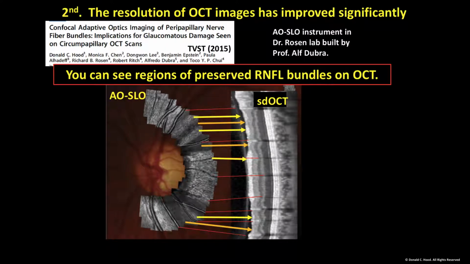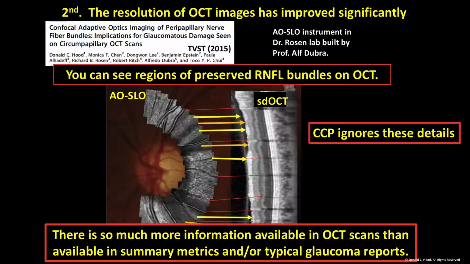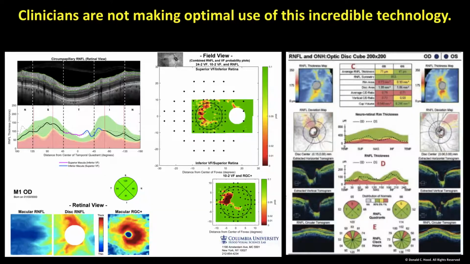Remarkable detail here. There is so much more information available in the OCT scans than available in summary metrics or the typical glaucoma reports, and I'll say more about that later. The common clinical paradigm ignores these details.